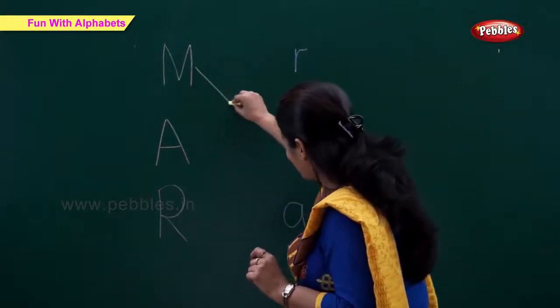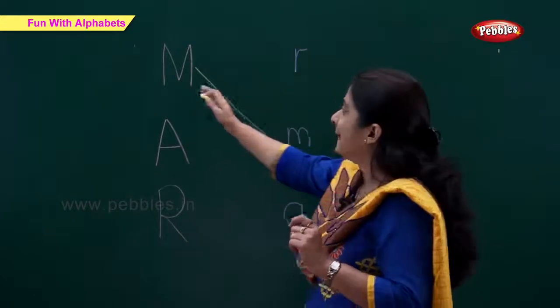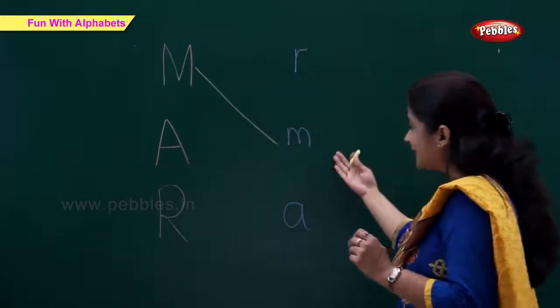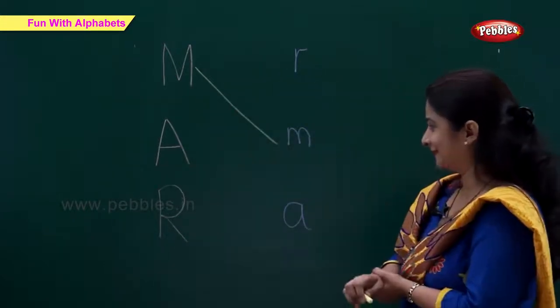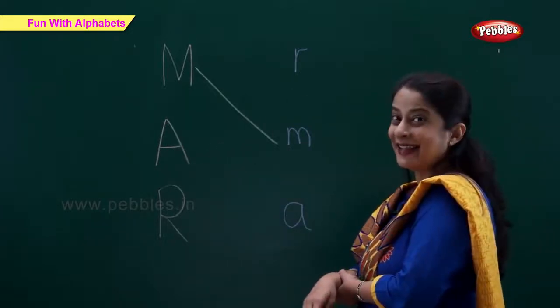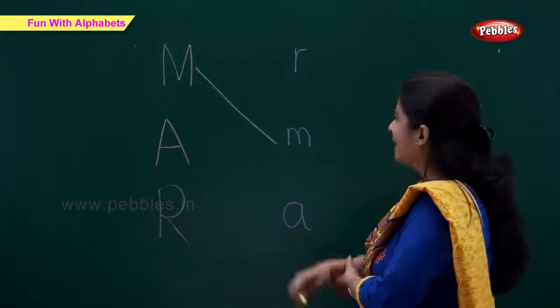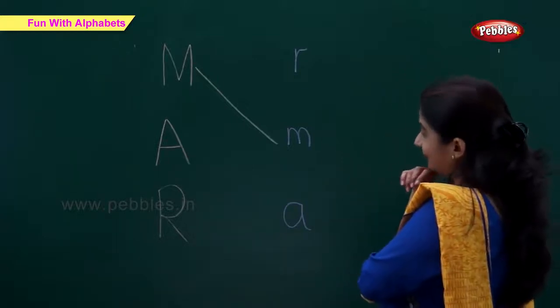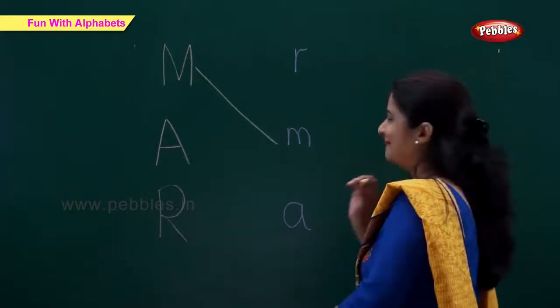So, big M and small m. And what is this? It's big A. And where is small a? Oh, you are very smart.